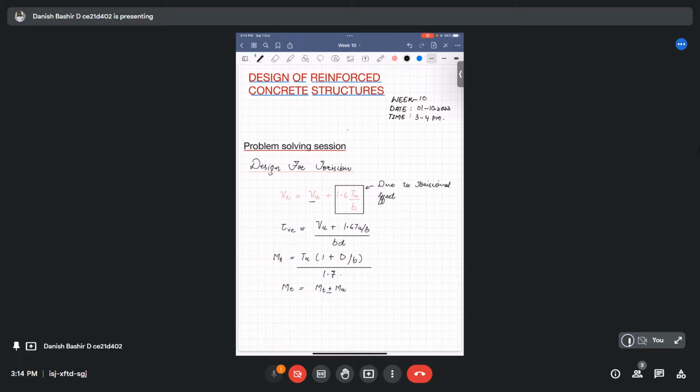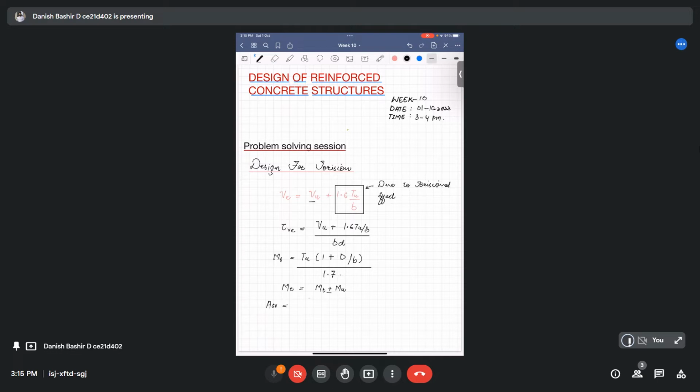And then we have to consider Asv also, the area of the stirrups, considering the torsional effect as well. There is a formula directly given by the code.